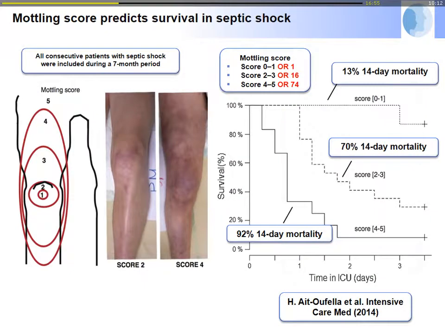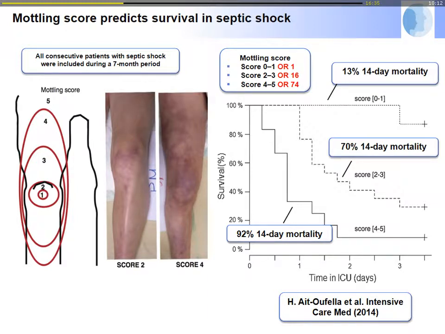So how to assess perfusion at the bedside of our patient? Maybe in a simple way, just by looking at the patient, and it was the goal of this study, establishing a mottling score.